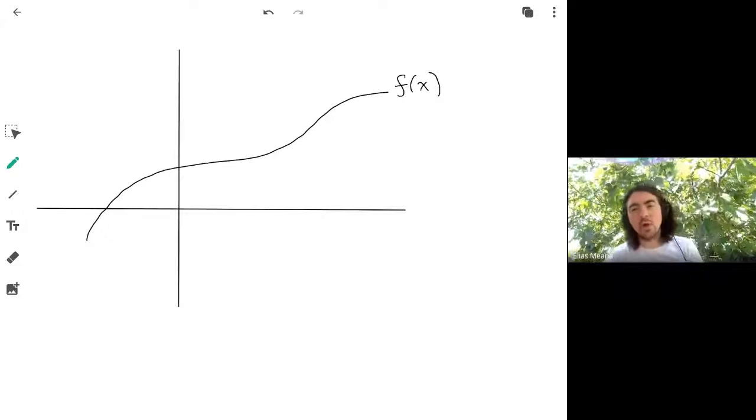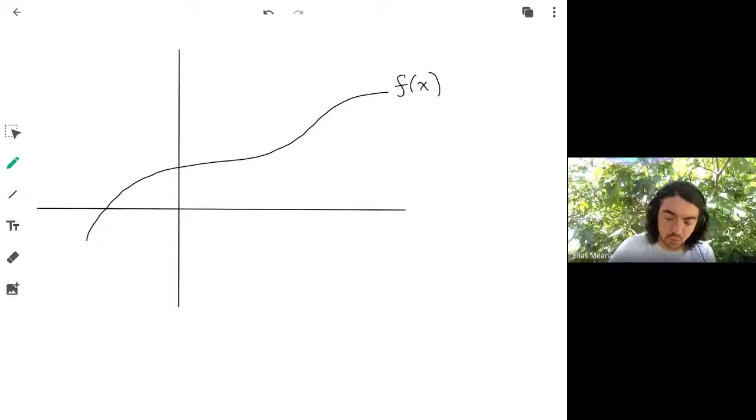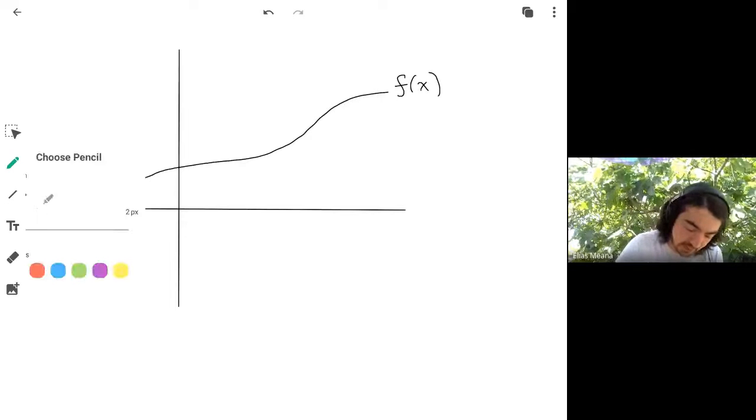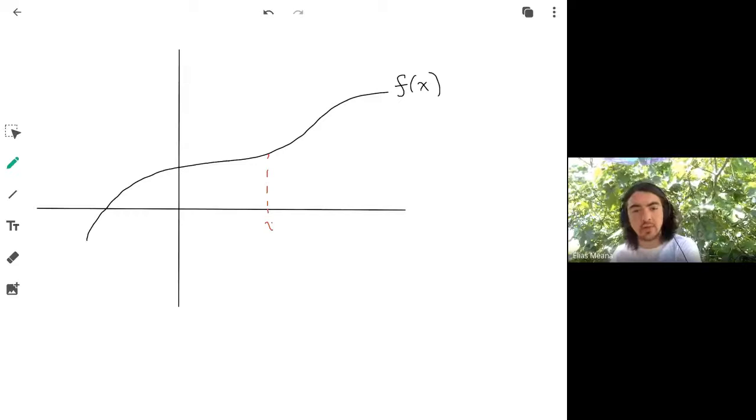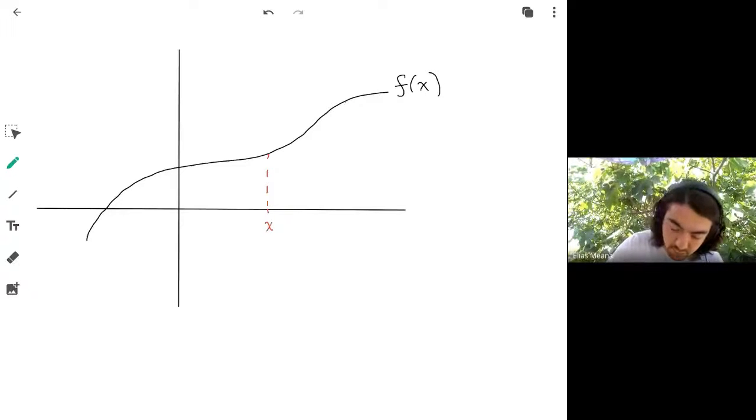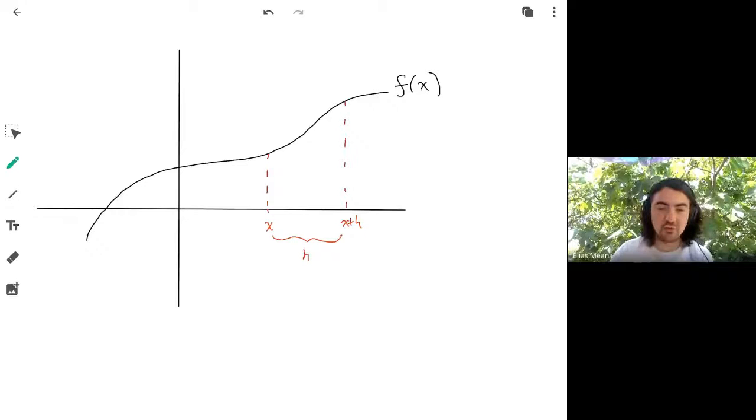All right, so now let's take a look at A of x. Let's write down some variable point x. And instead of calling our two points on the x-axis a and b, let's call them x and x plus h. This is x, and this is x plus h. And so the width between them, the difference between the two of them, is just h.